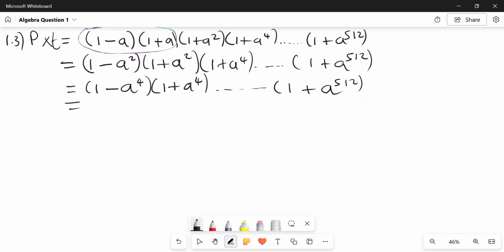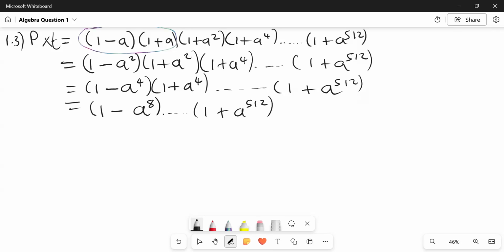Again, difference of two squares here. 1 times 1, that's just 1. Negative a to the power 4 times positive a to the power 4, that's minus a to the power 8, right? A to the power 8, which continues to 1 plus a to the power 512.